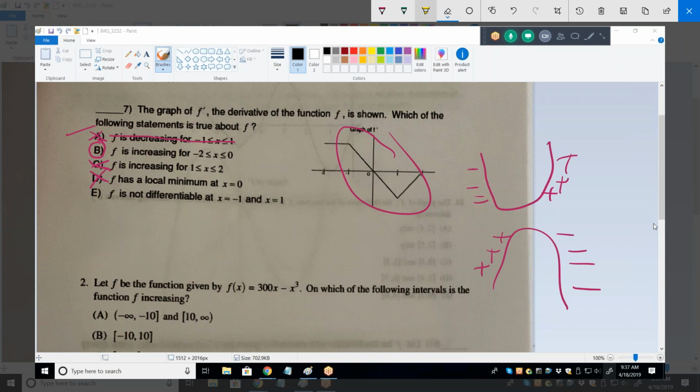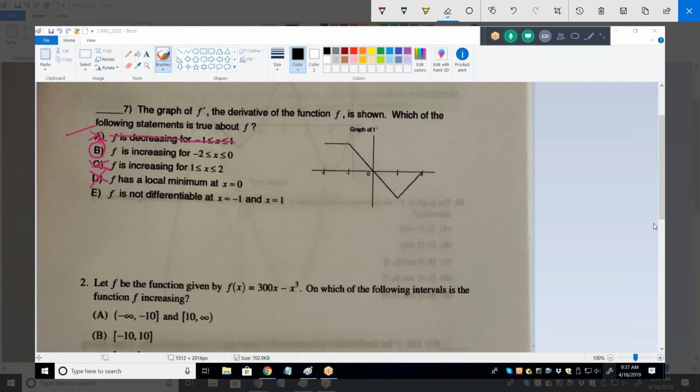Now, the last one. F prime is clearly not differentiable at that point and that point, which are corners or cusps. But that doesn't mean F isn't. And in fact, if it's not differentiable at those two values, what are we doing looking at its derivative?